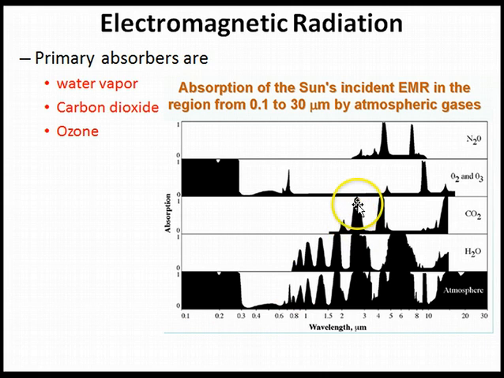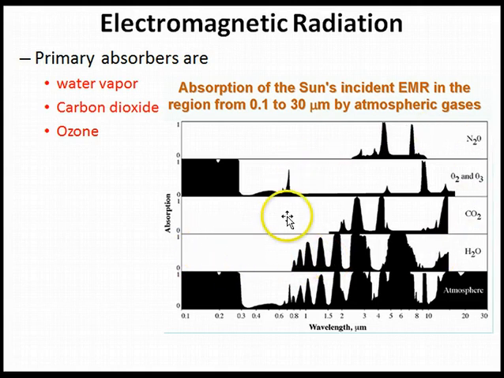Carbon dioxide is another strong absorber in several wavelengths, and then water really takes up a bulk of what's absorbed across our visible, near-infrared, and thermal wavelengths, not as much in those shorter, more powerful wavelengths.